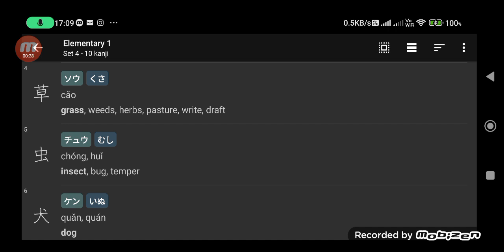Well, the topic that I want to discuss with you today is this kanji character indicated right here.